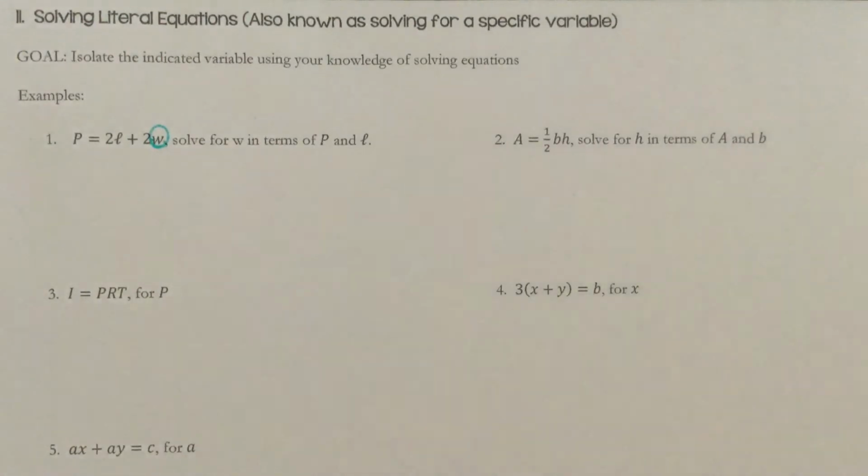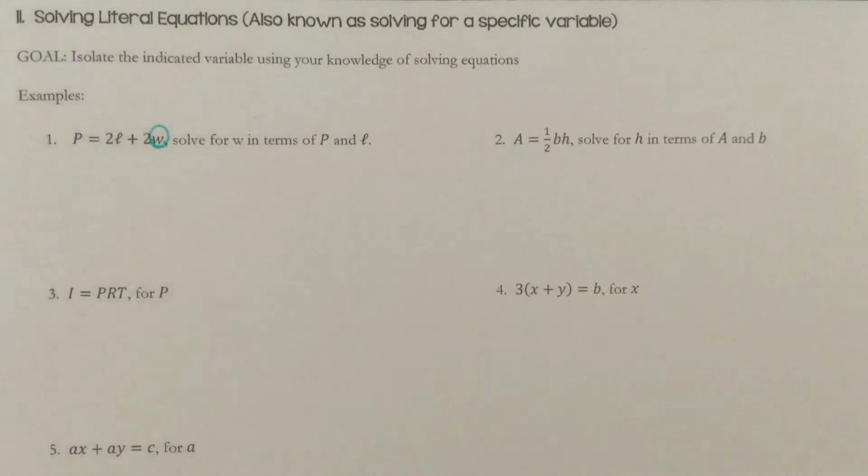We're going to follow our 6 steps. In trying to solve for W, there is nothing to distribute. Next, we'll eliminate fractions or decimals. There are no fractions or decimals to eliminate. The next step is to combine like terms. We don't have any like terms here. 2L and 2W cannot be combined because L and W are different variables.